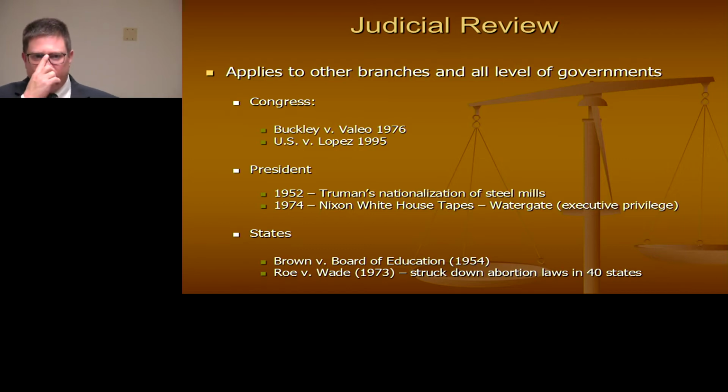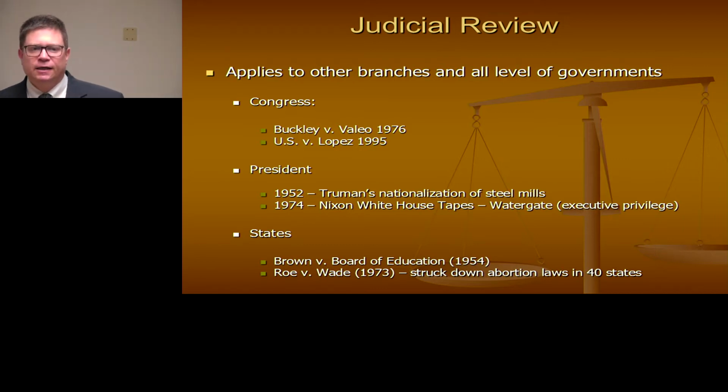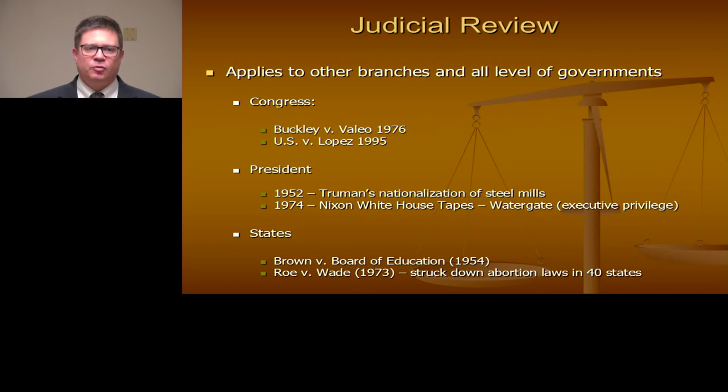Another case that we've already talked about this semester is Nixon's White House tapes in Watergate. In 1974, in U.S. versus Nixon, President Nixon was asked to give his tapes over to the House Judiciary Committee, which was interested in running impeachment hearings against him. And he essentially said, I'm not going to do it because I've got executive privilege, which means I don't have to turn these tapes over because they're confidential information that's been told to me.